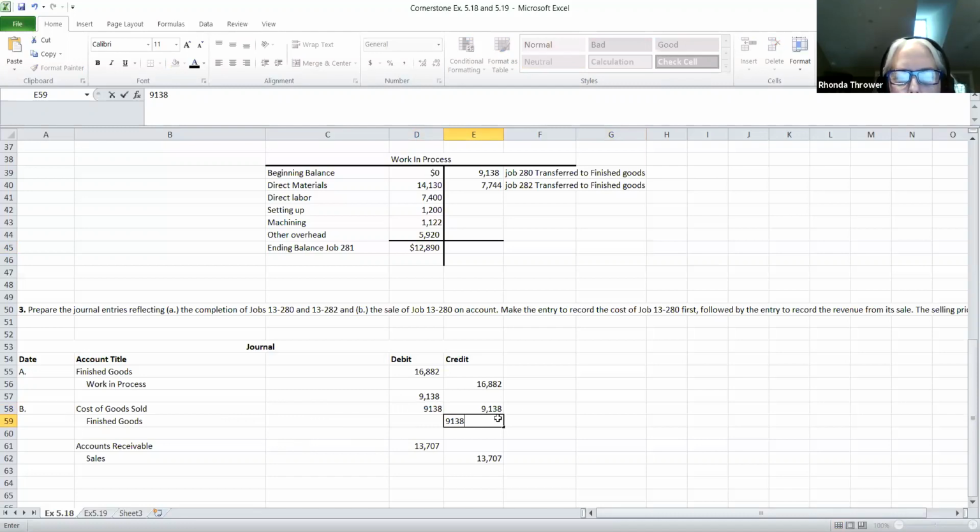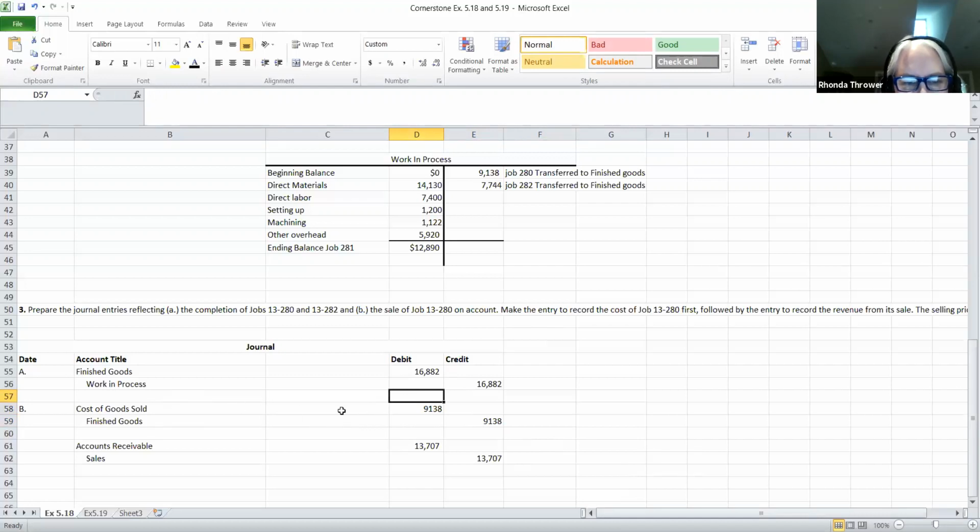The amounts were correct, I just got them on the wrong line. So I want to fix that. Okay, so cost of goods sold now is showing 9,138, which would be debited. And so you transfer out of work in process by crediting this, and then you would debit finished goods. That became a part of this first journal entry.